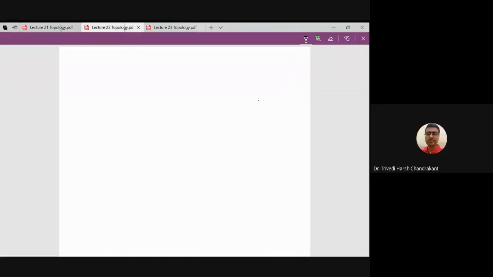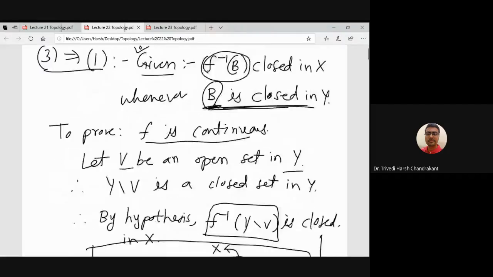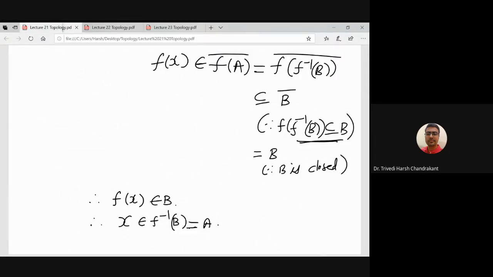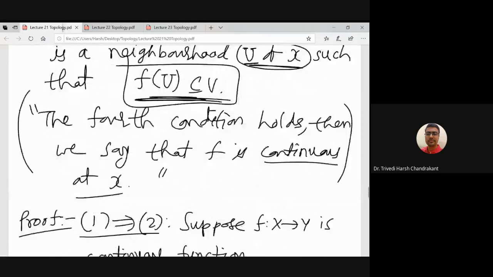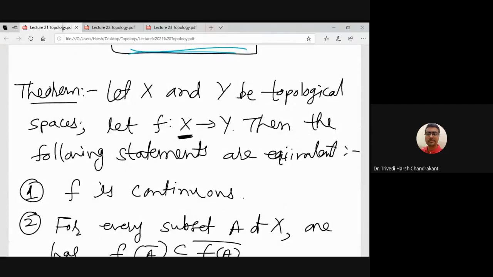So, in the last lecture, we discussed some of the properties of continuous functions. We know that f is a continuous function if the inverse image of every open set is open.